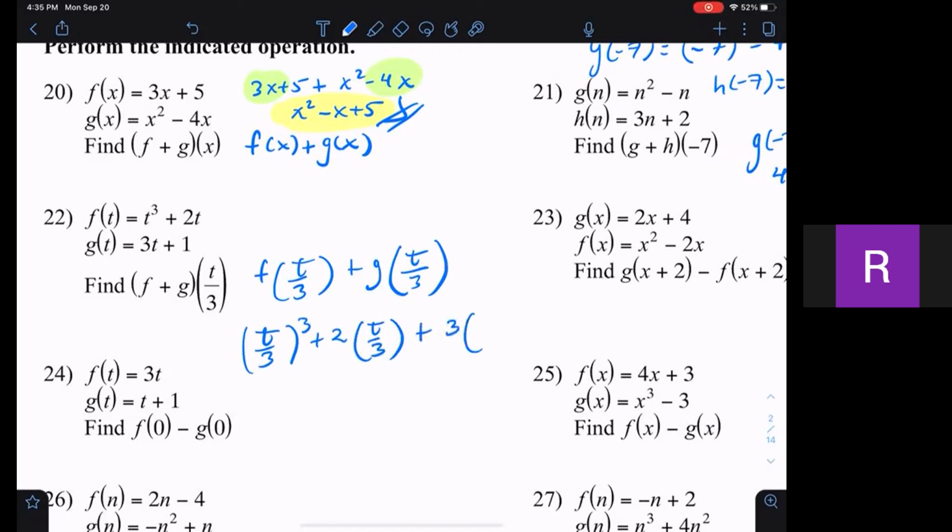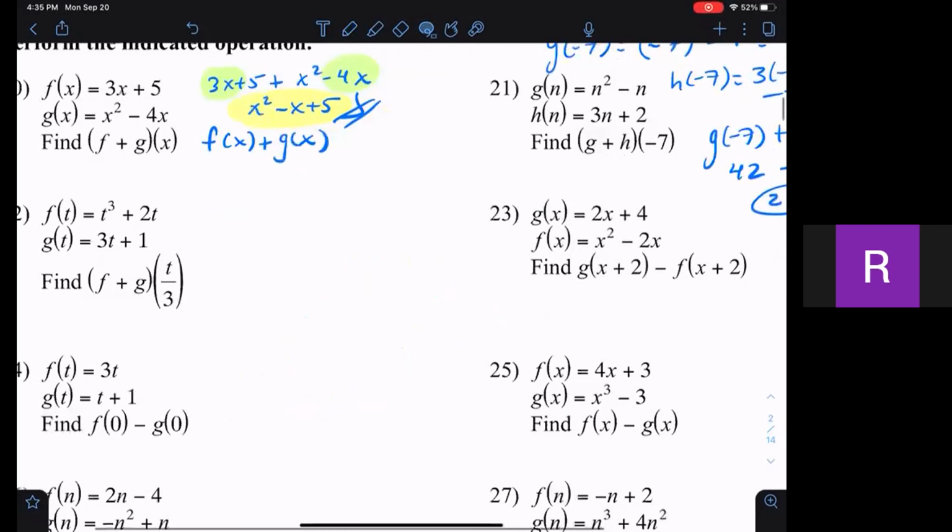So that's going to be 3 t over 3 plus 1. So this is going to be t cubed over 27 plus 2t over 3. And then here we have 3t over 3, which is just t. And this is plus 1, right? And that's it. You need to find like terms, nothing here, because they just want you to find that. Next.